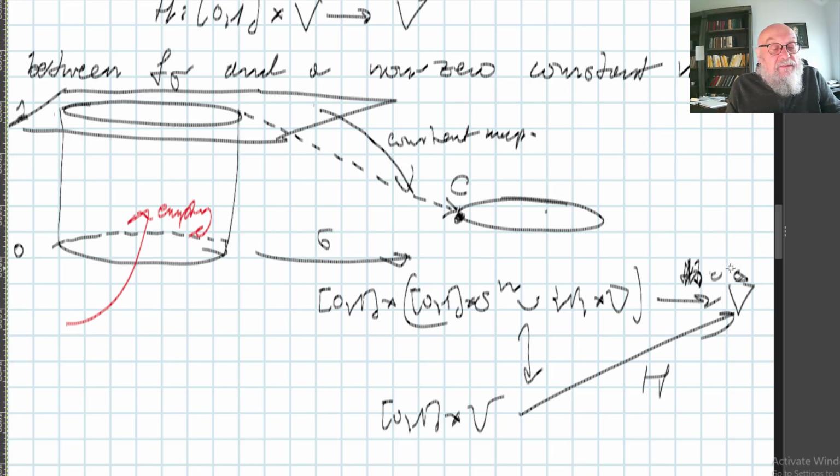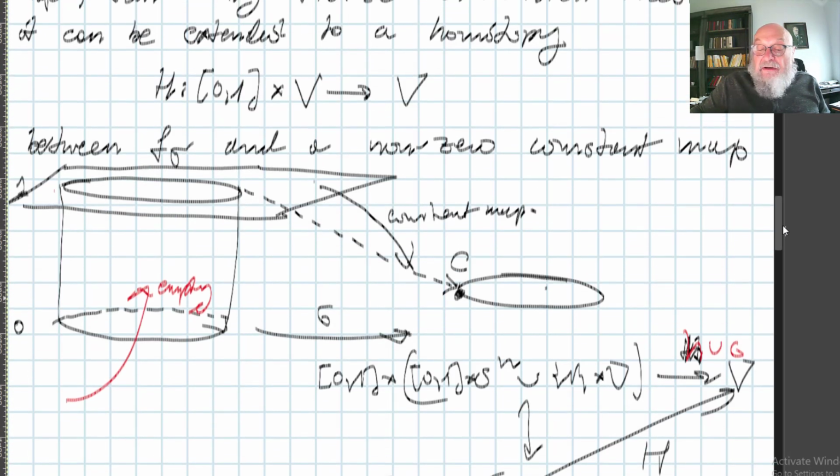Maybe put it in red. A small homotopy and constant, and this is capital. So you are getting such an extension. And this implies that such a homotopy exists.